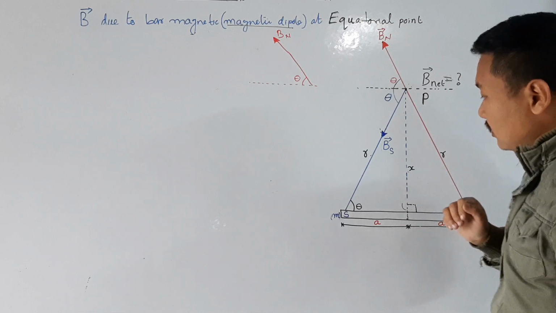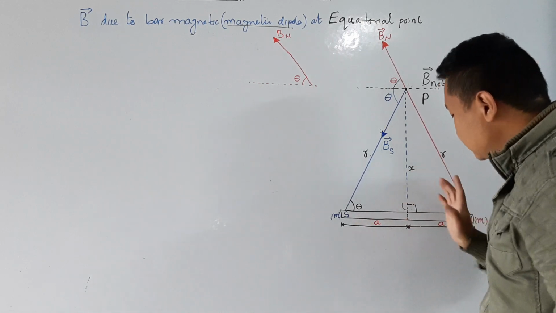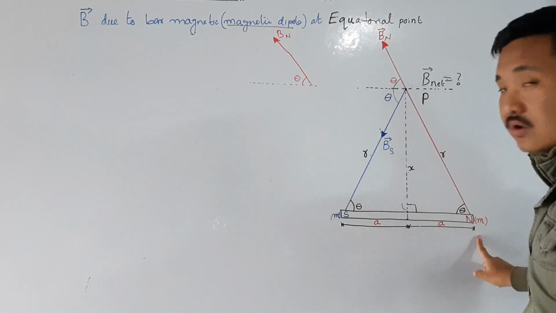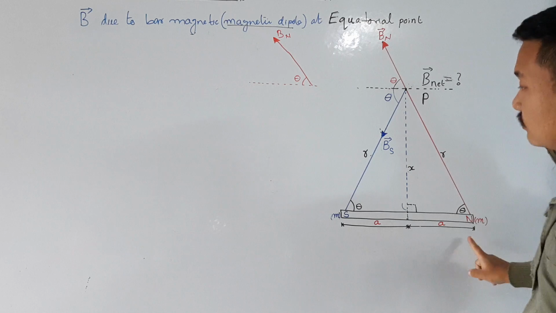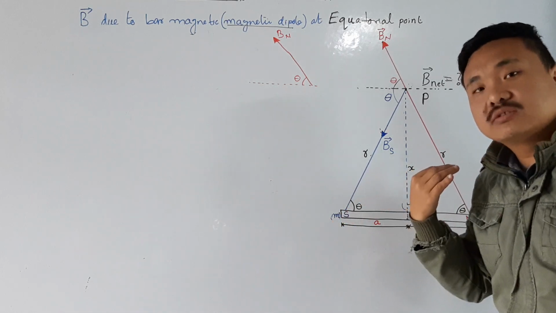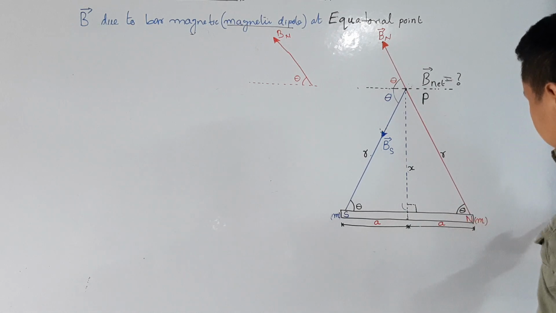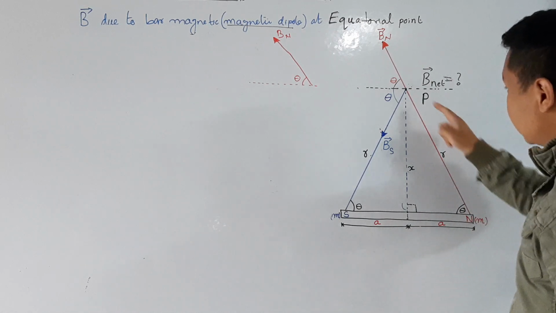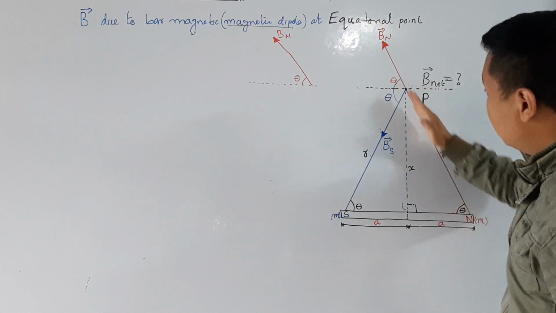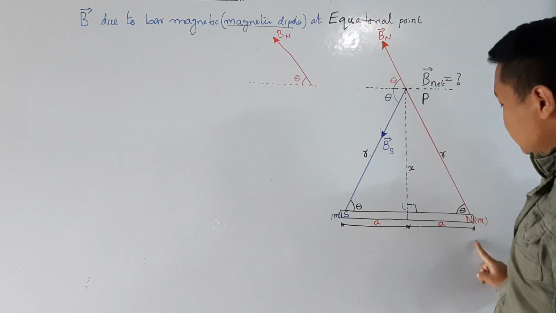First of all, let us see the directions of the magnetic field due to the south pole and north pole at this point P. First, for the north pole, we know that from the north pole the magnetic field lines go out. At each point it is going like this, like that. So at this point the magnetic field is going away from the north pole.